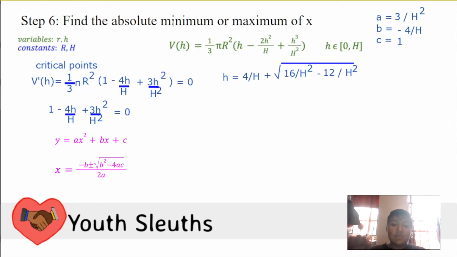And now we need our denominator for the quadratic formula. It's 2a. So in our situation, 2 times a would be 6 divided by big H squared.